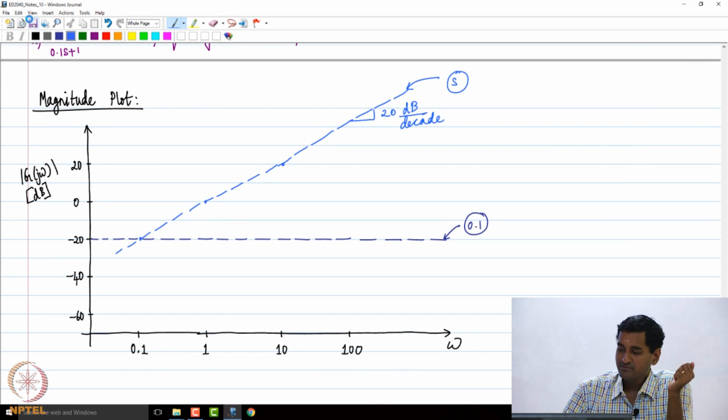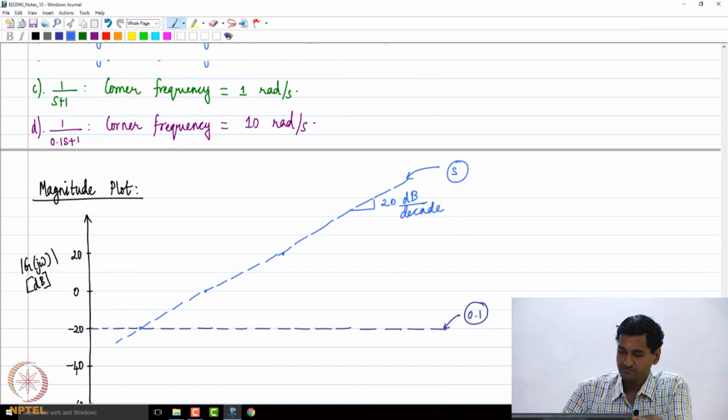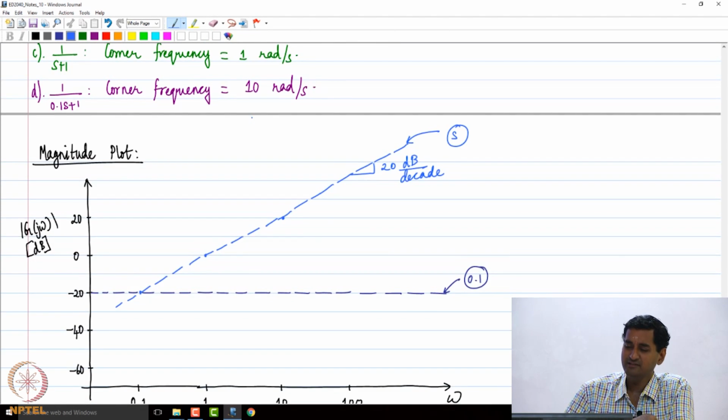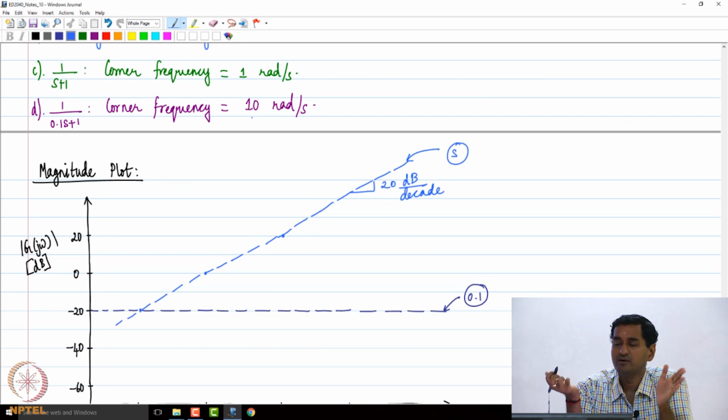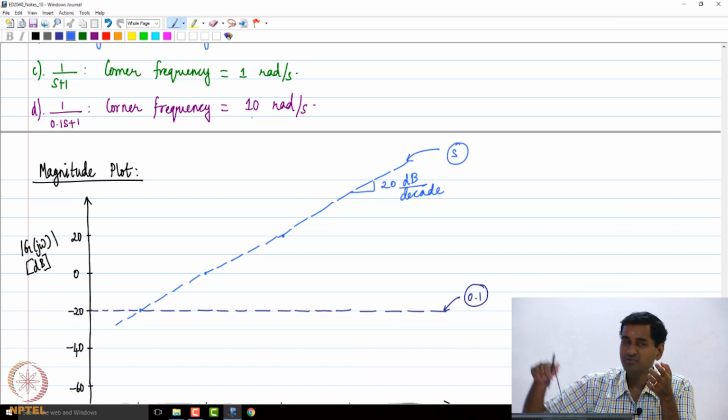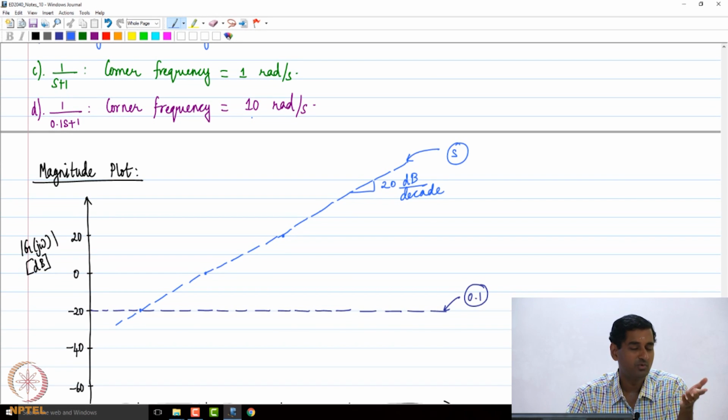Now we go to the third factor, 1 by s plus 1. So if you recall what we had about the factors of the form 1 by Ts plus 1, once again, as we discussed, when we are drawing things by hand in example problems, homeworks and exams, I want you to only draw the asymptotes.